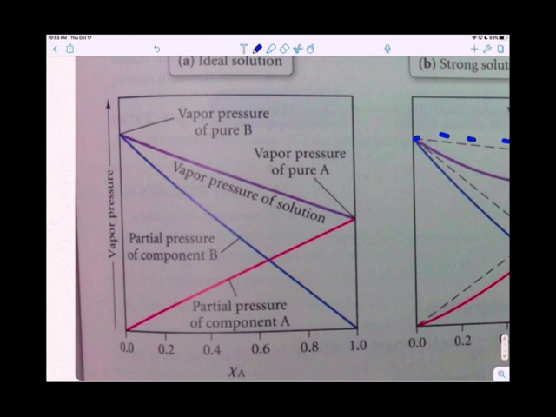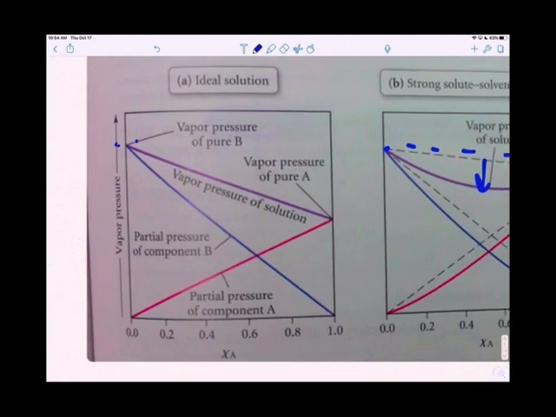The y-axis is the vapor pressure, the x-axis is the mole fraction of component A. If you look on the far left, we have no A and all B, so the solution's vapor pressure is exactly that of B. On the far right, we have all A and no B, and the vapor pressure is just that of A. The vapor pressure of the solution is just a straight line connecting these two points. That's the ideal behavior.